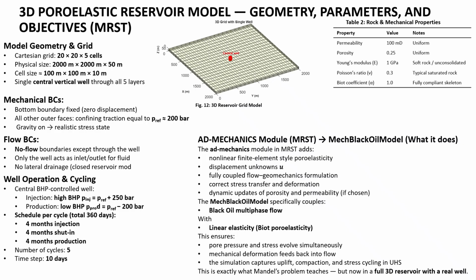This ensures that pore pressure and stress evolve simultaneously, and the mechanical deformation feeds back into flow, as well as capturing uplift, compaction, and stress cycle, all essential processes during underground hydrogen storage. In short, I would say this is exactly what the Mandel problem teaches, but is now implemented in a full 3D reservoir with a real well.